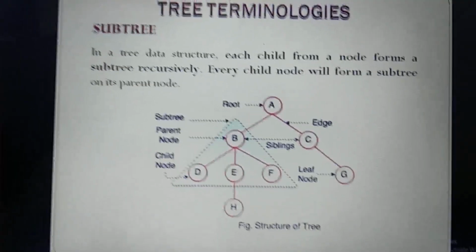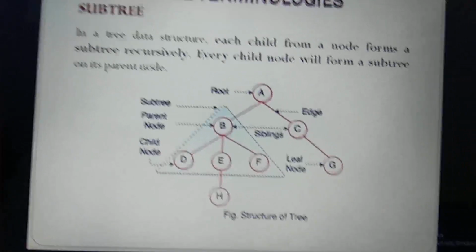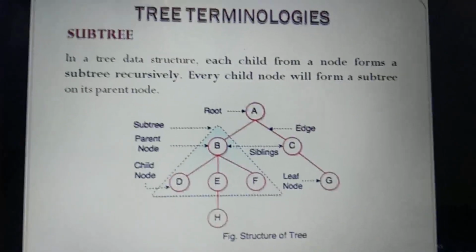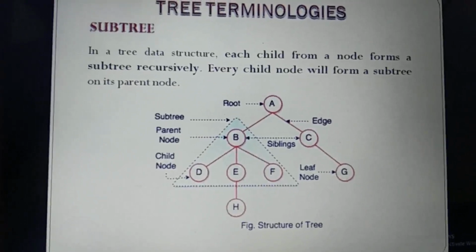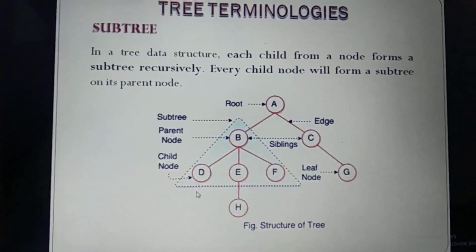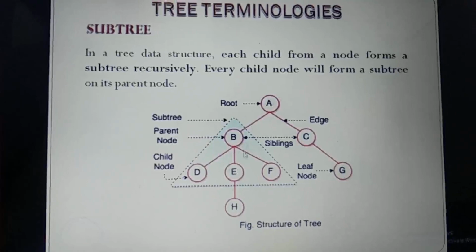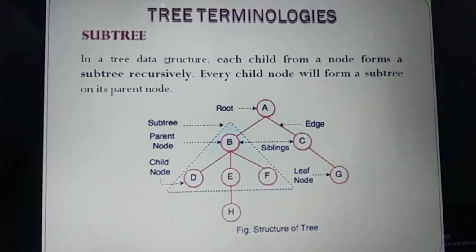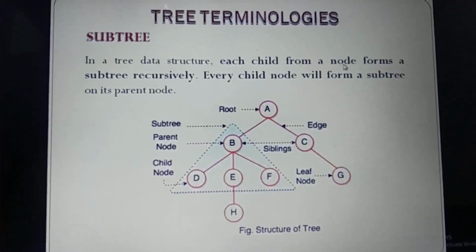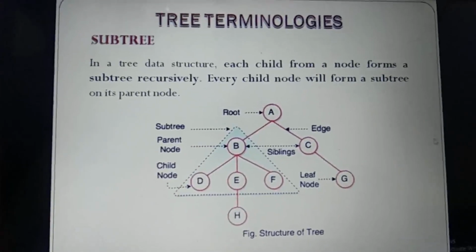In this example, every child node will form a subtree. From B we can have a subtree. From D we can have a subtree. Each and every child has a subtree recursively.